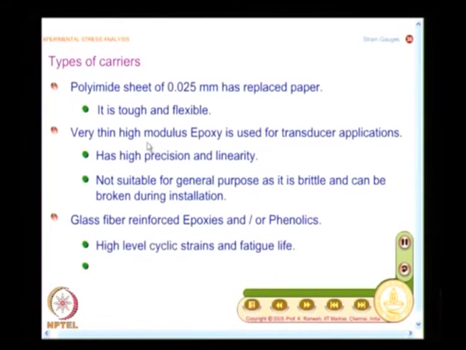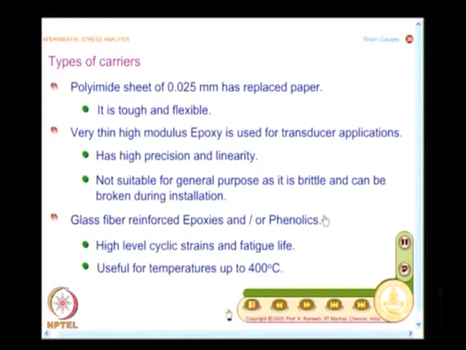We have seen simple epoxy being used. You also have situations where you need to go in for glass fiber reinforced epoxies and phenolic carriers, and we will take up an example later of how the choice of the carrier and the material for making the strain gauge has an influence on stability. These are not trivial things.